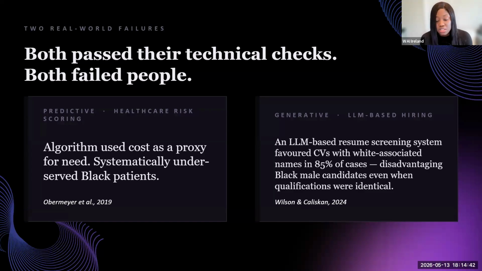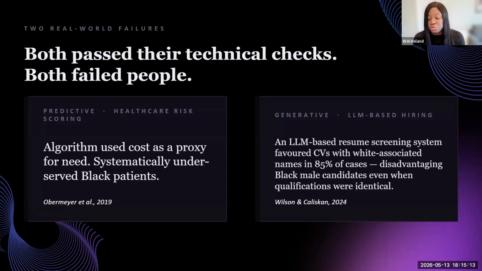There have also been studies revealing that some algorithms that deliver ads show STEM career ads to fewer women than their equally qualified male counterparts, right? Basically not because of any explicit rule, but because of the optimization target set for those models, and men engage more with such ads.